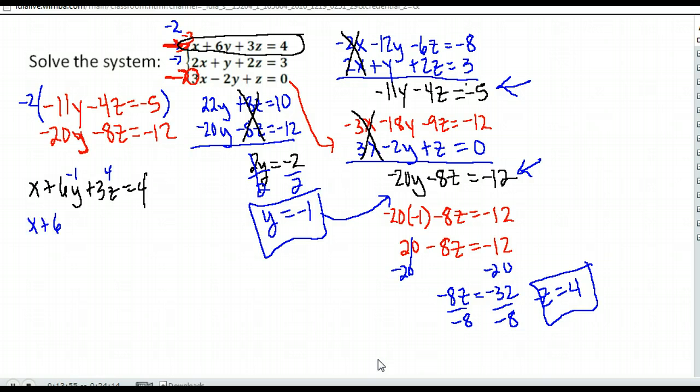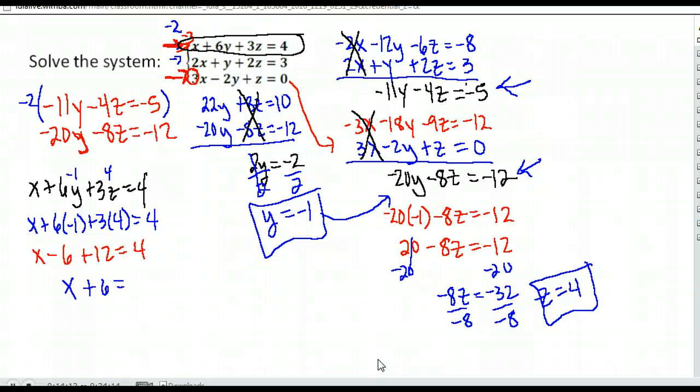So we'll have x plus 6 times negative 1 plus 3 times 4 equals 4. We have x minus 6 plus 12 equals 4, and we solve from there. This gives us x plus 6 equals 4. We subtract 6 from both sides, and we get x is equal to negative 2.